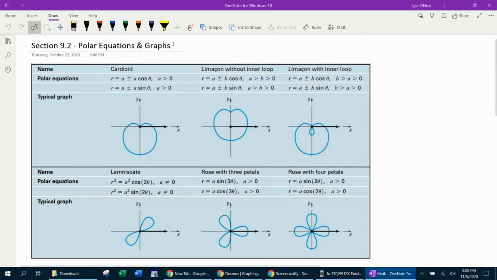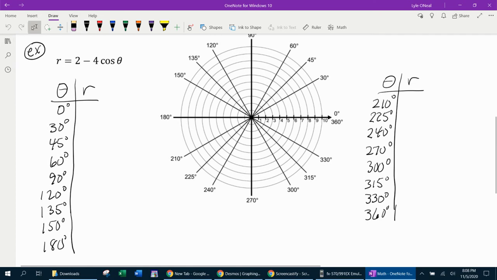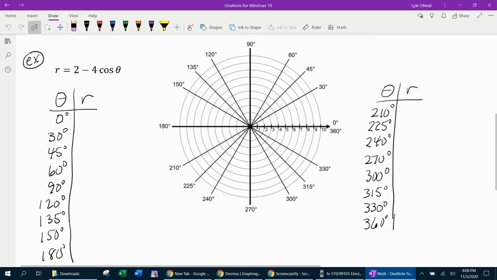And then the next thing we're going to do is look at how we would graph this manually, and then we're going to look at how we would use technology to help, okay? So I have an example. Here we're going to graph the equation r equals 2 minus 4 cosine theta.